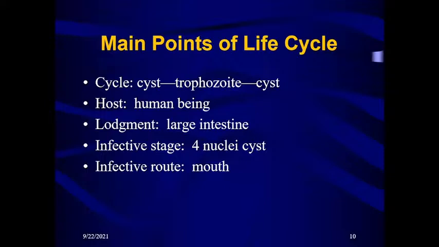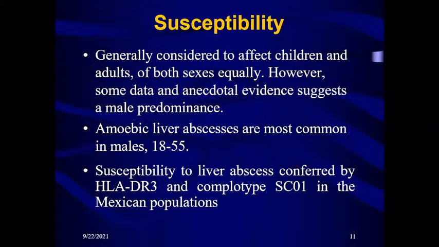The host is the human being. It lodges in the large intestine, so it is a colonic parasite. The infective stage is when they have 4-nuclear cysts, and usually it's orofecal, contaminated when we put contaminated food material through our mouth.